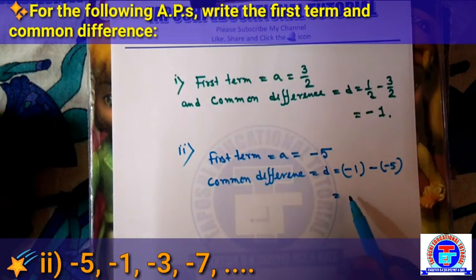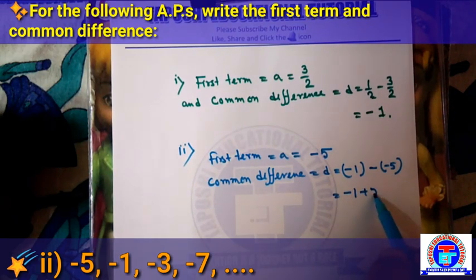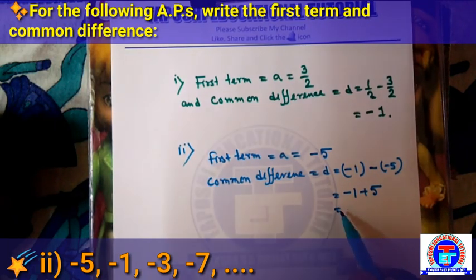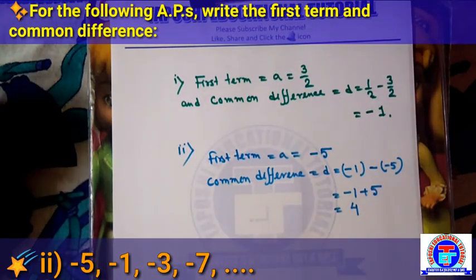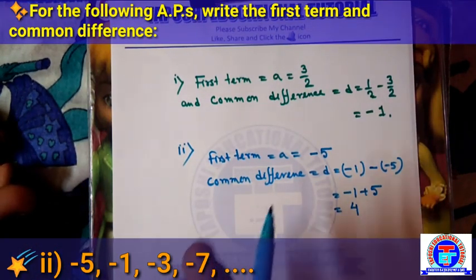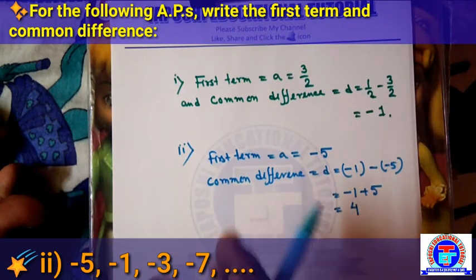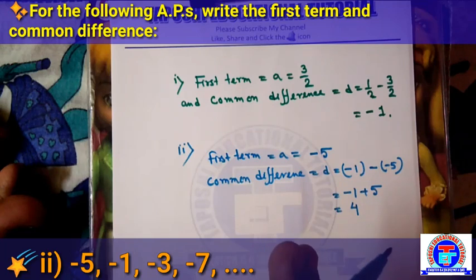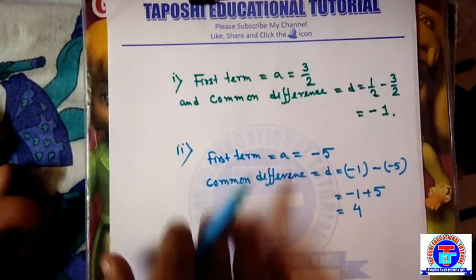That means it will become minus 1, this one plus 5, it will become 4. This is the solution regarding the given AP. I hope, student, it will be very helpful for solving this type of problem, right?